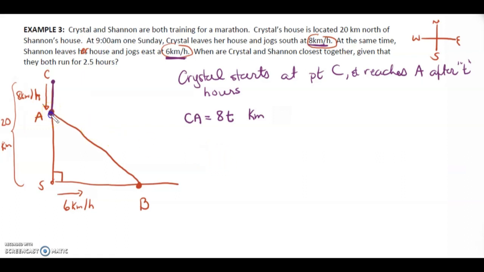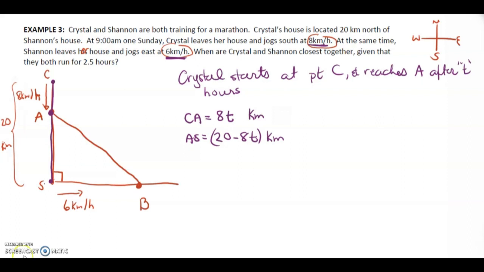And then we know that AS is going to be the leftover. We know that CS altogether was 20, but if we take away CA, we get 20 minus 8t. That's what's left over, AS, in kilometers. You can bracket that if you want as a binomial.